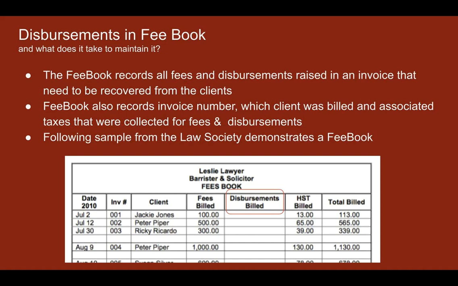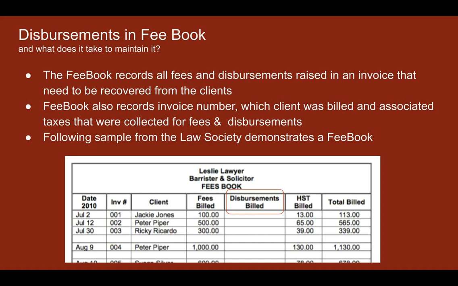So the fee book basically records, as the name goes, all the fees and disbursements, because as you raise an invoice, the details on the invoice get recorded under the fee book as legal fees billed and disbursements billed, HST, whether it's part of fees and disbursements, and the total bill.